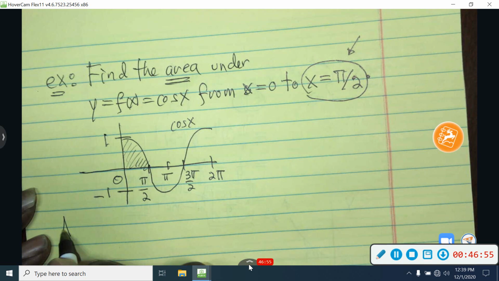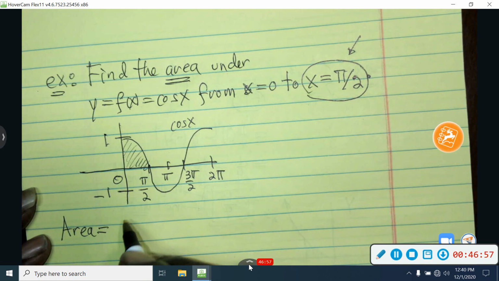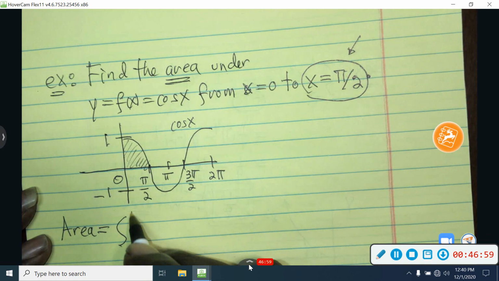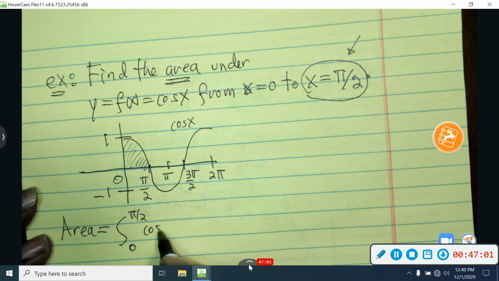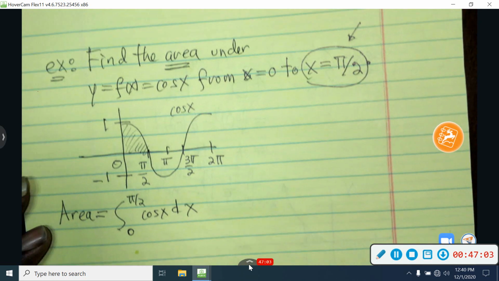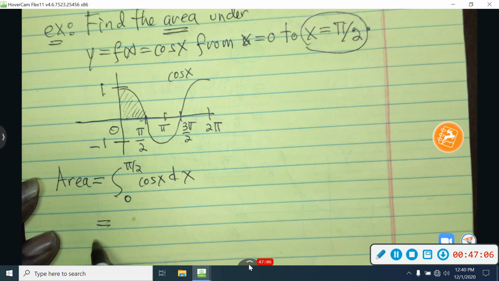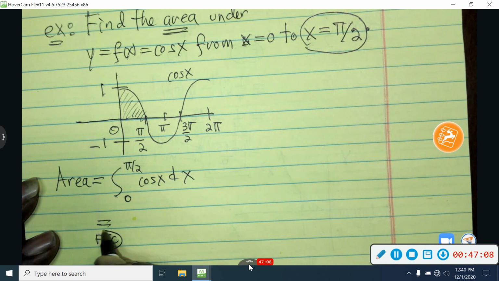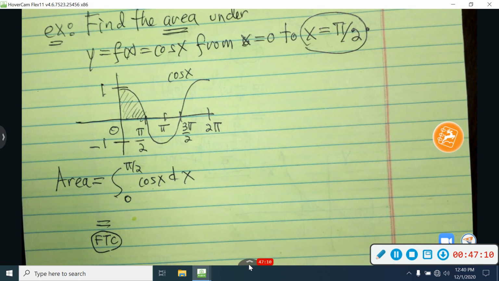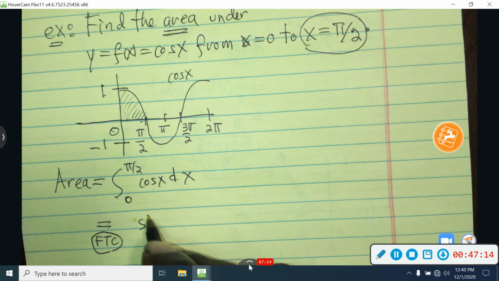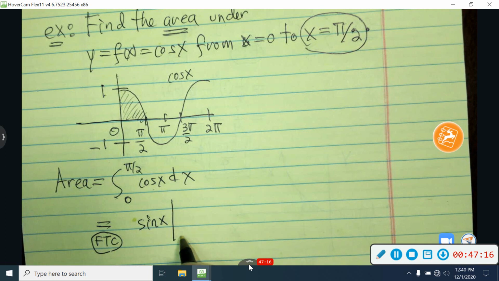So the area is, make the computation, baby. We've agreed to call it the definite integral from 0 to pi over 2 of our function dx. By the fundamental theorem of calculus, part 2, we can evaluate this by finding any function that differentiates to be cosine x, that would be sine x, and put the numbers in and subtract.